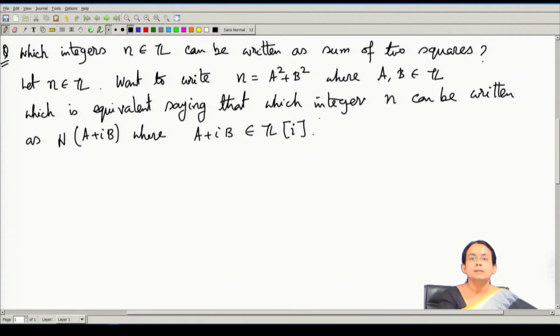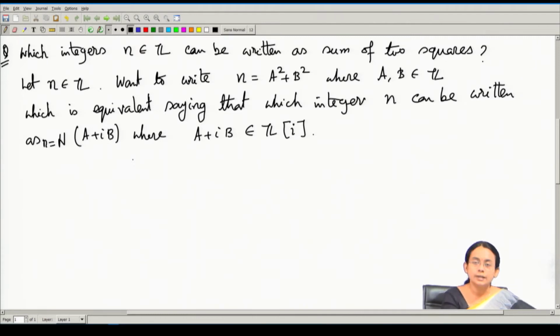So this is equivalent to identifying all the elements a plus ib in the ring of Gaussian integers such that n is equal to the norm of a plus ib. That is what we would like to find out.